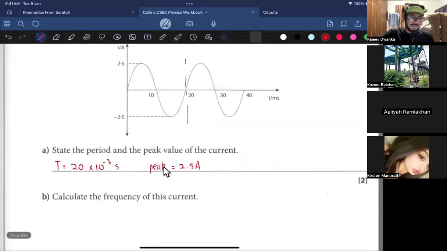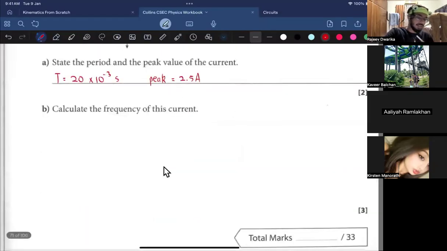So you want to calculate the frequency. Aliyah, what's the formula for frequency again? 1/T. Right. So frequency is a capital F or a common F? Common F. Yeah, frequency is a common F and the formula is 1/T, right?